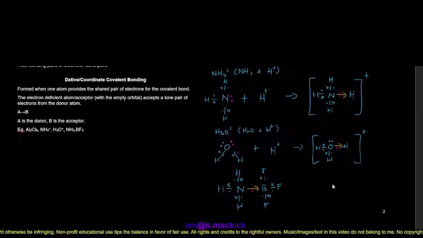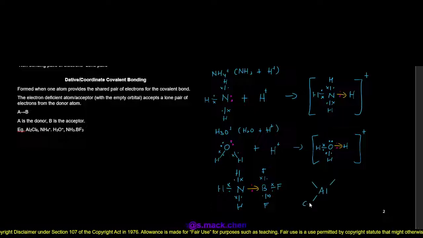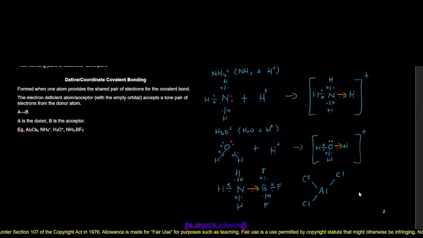Last but not least, I'm going to draw Al2Cl6, which is called aluminum chloride, where this Al2Cl6 molecule is formed by 2 AlCl3 molecules. So we're going to join 3 chlorine atoms around our aluminum.